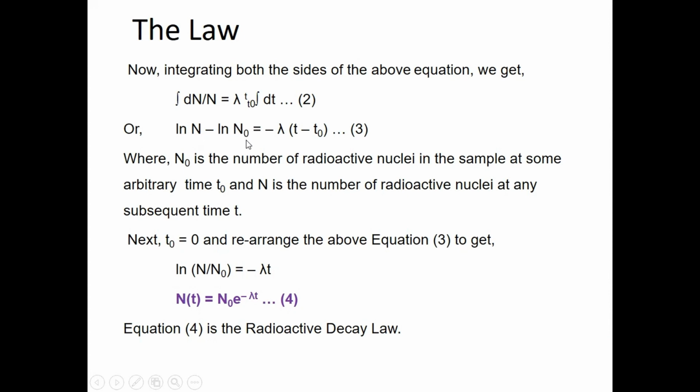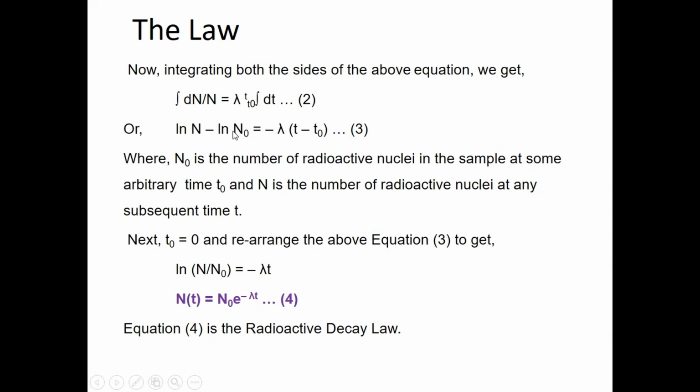N naught is the number of atoms or nuclei at time t equal to 0, lambda is the proportionality constant, t is any time, and t0 is the initial time. So the number of radioactive nuclei at any subsequent time can be found from this equation.